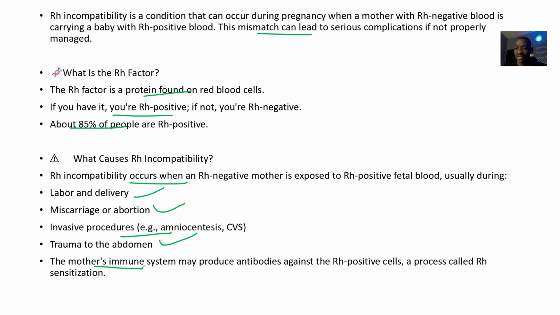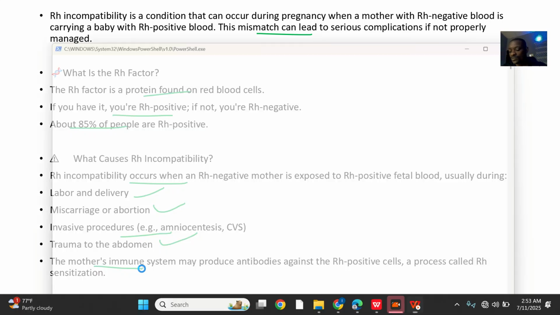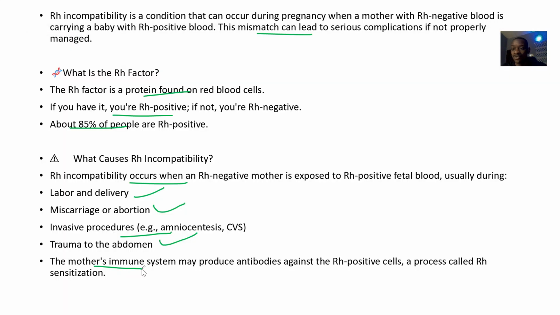Because the mother's immune system is thinking as if the baby is a disease. That's just how your immune system is, it doesn't have eyes. Immune system will only allow what is like the body of the owner. Anything that is outside the body of the owner that is looking different, your immune system will attack it.